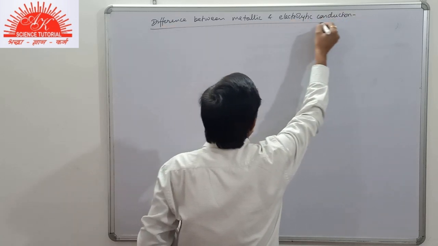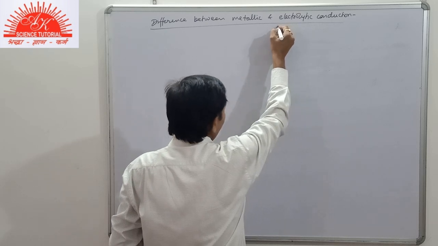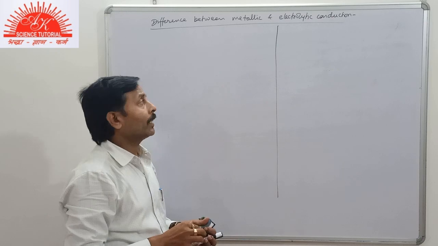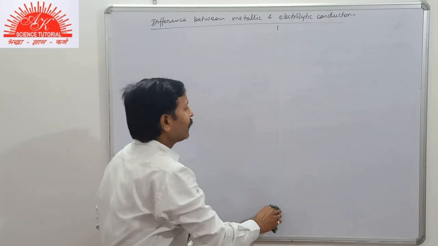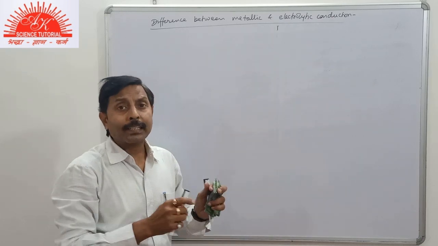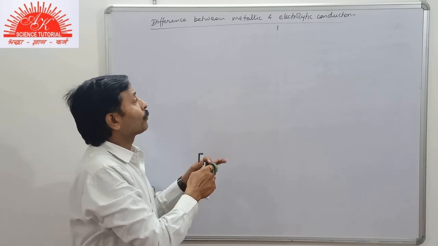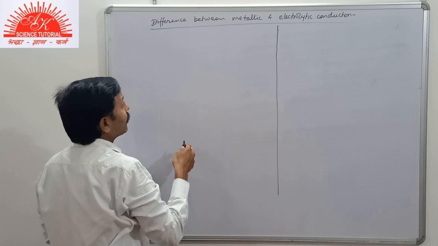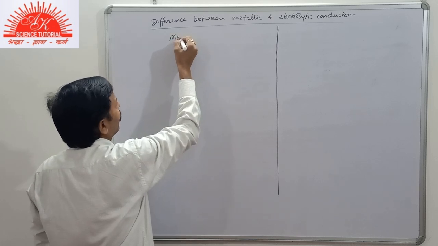Now we see here, if we study it in columns, that is, suppose we write here metallic conductor.